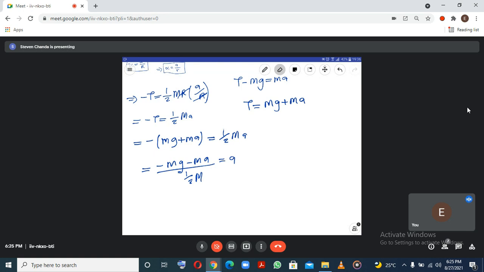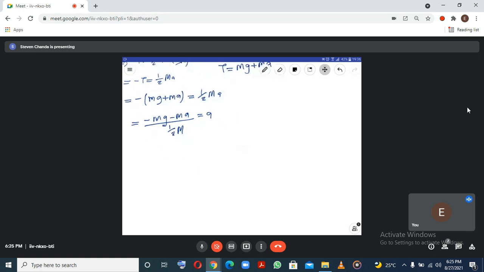So can someone just help us compute this? So we are going to have the mass of the bucket. Can someone help to compute this for us?